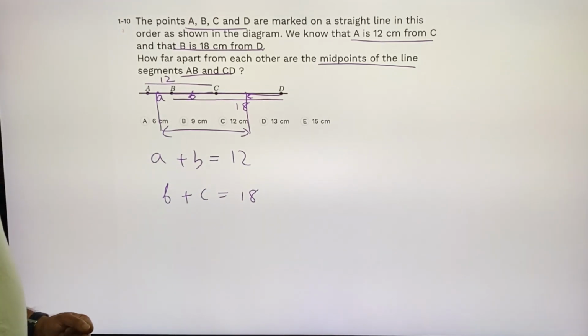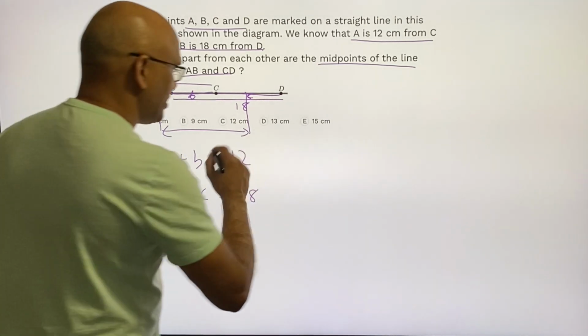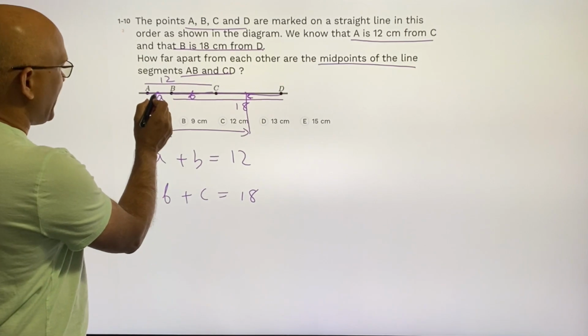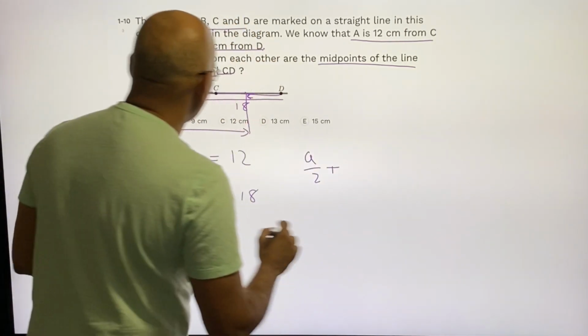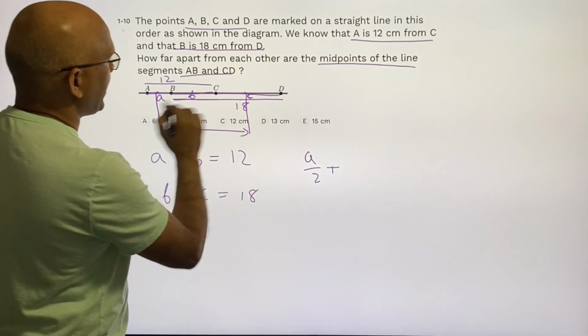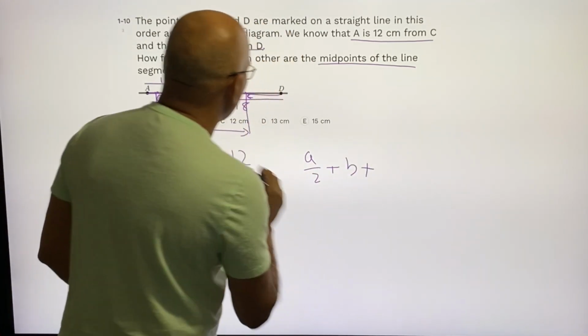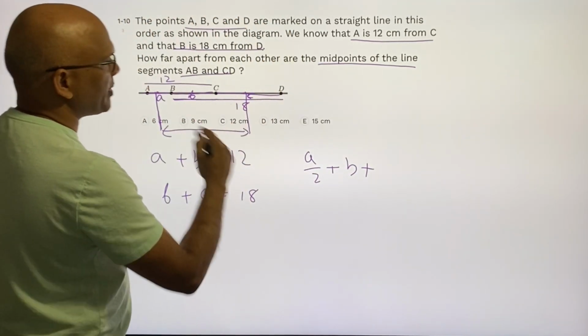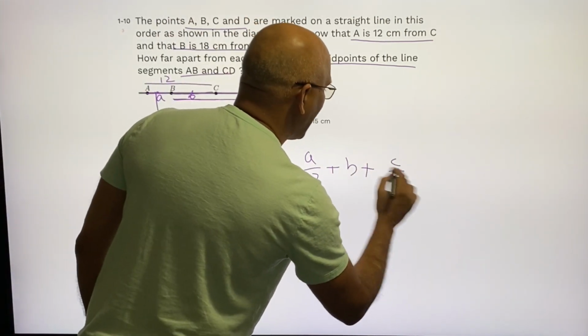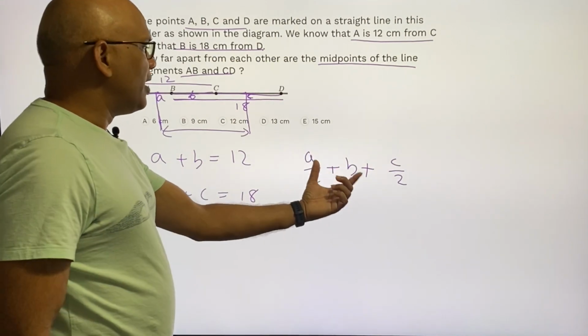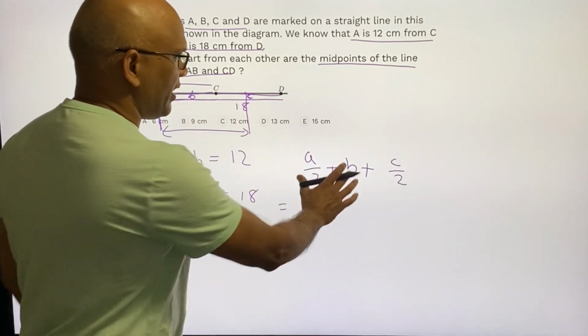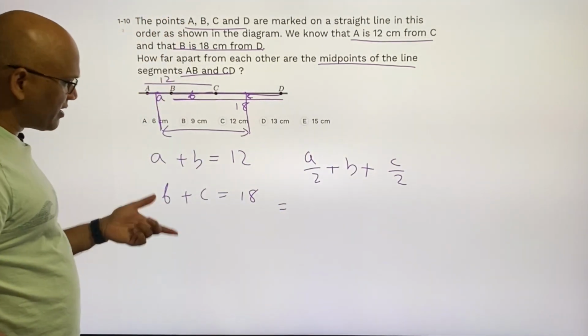Okay. So I need to find the midpoint of this, which is a by 2, plus b, plus the midpoint of this, which is going to be c by 2. I need to find the value of this. So somehow I want to express this so that I can use these numbers, right?